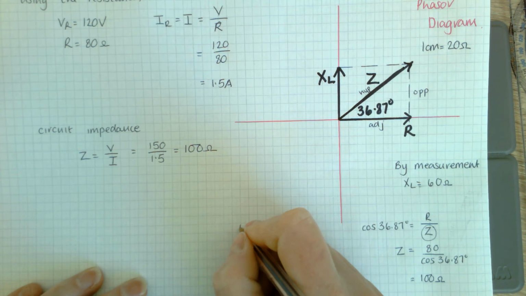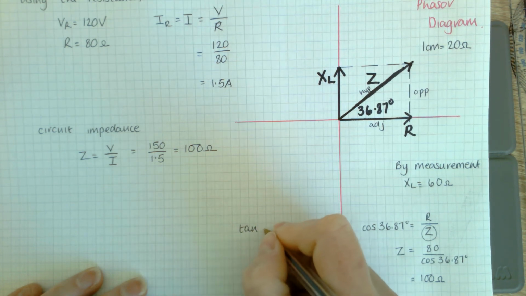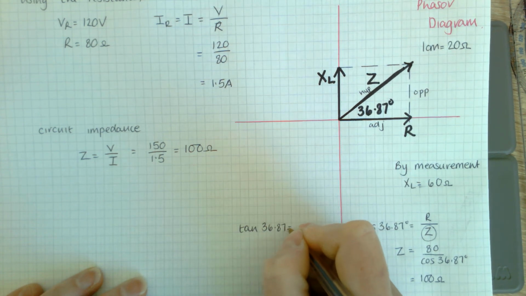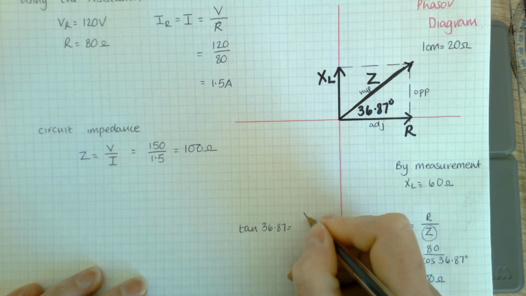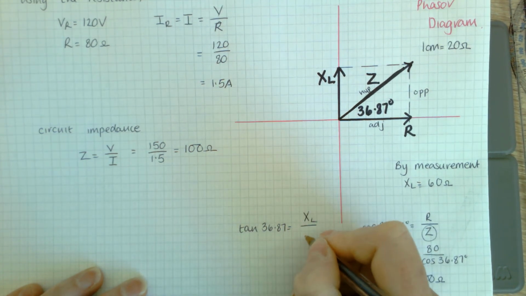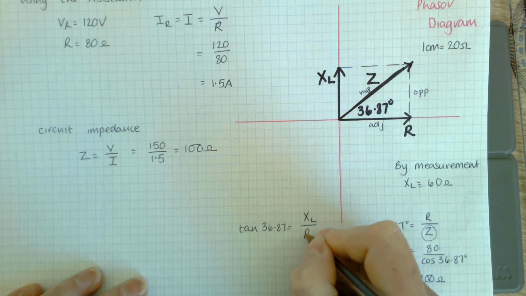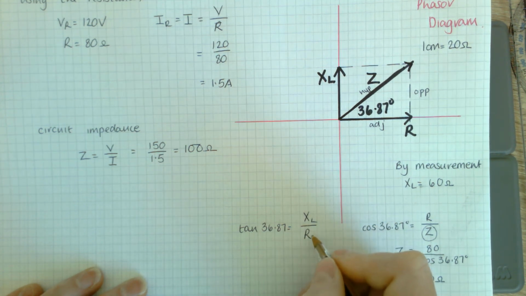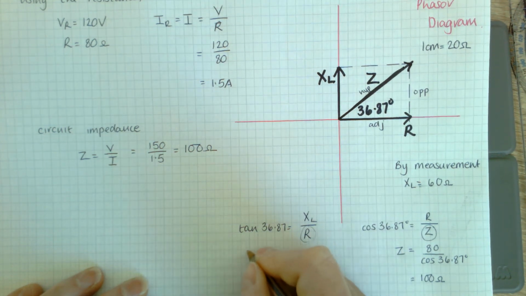So I'll just use tan again, as I've used previously. Tan of 36.87 equals my opposite, which is my XL, over my adjacent, which is my R. This time it's the XL I'm looking for and R is what I've got. So I'm going to move this R across to that other side and swap these two around.